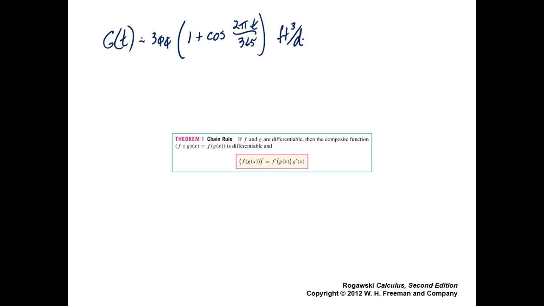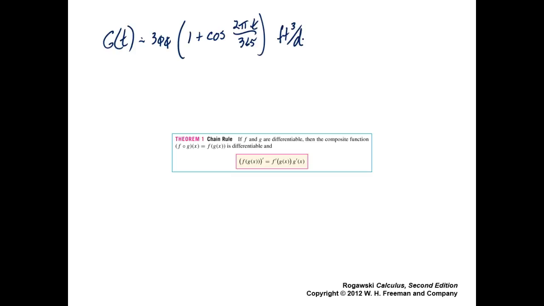Where t equal 1 corresponds to day 1, meaning January 1st, and assuming that it's not leap year, find the rate of change of usage on March 1st, June 1st, September 1st, and December 1st.